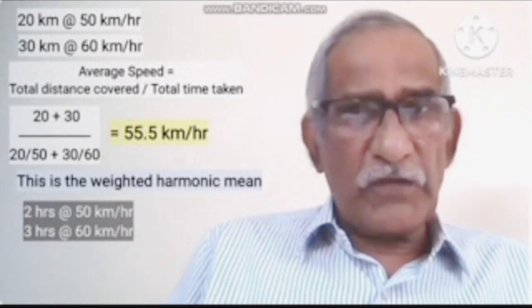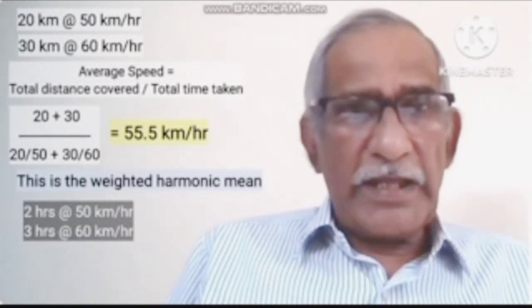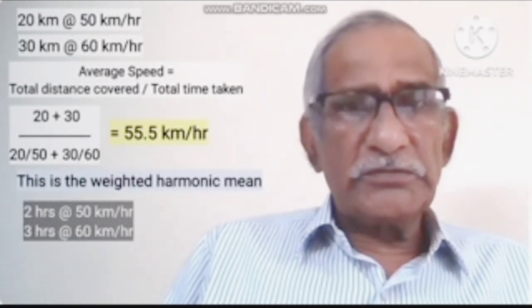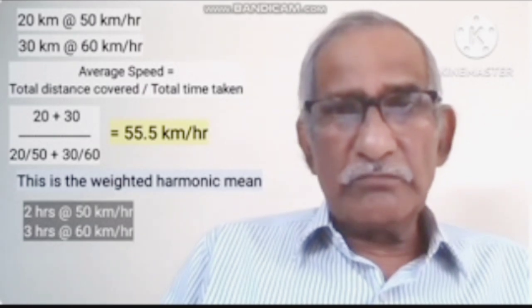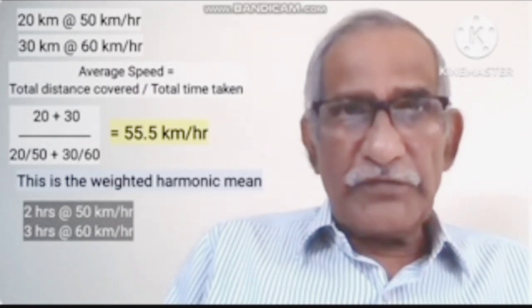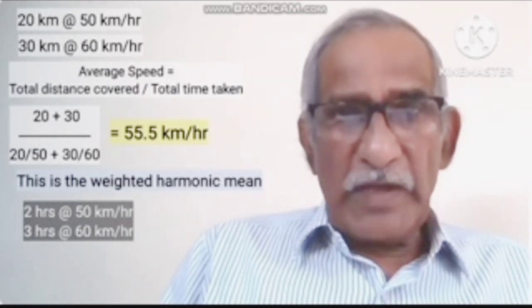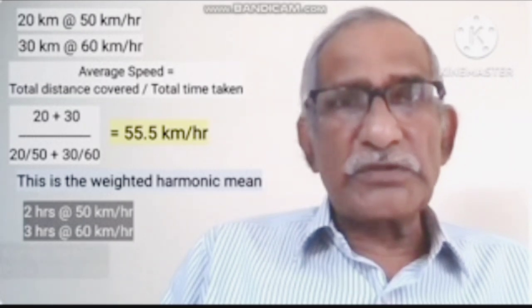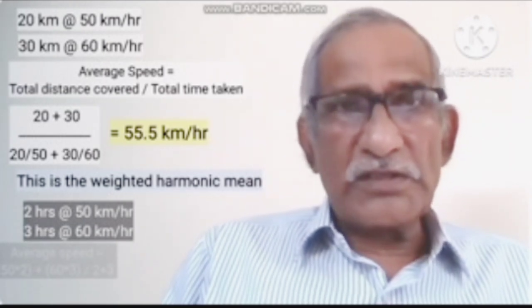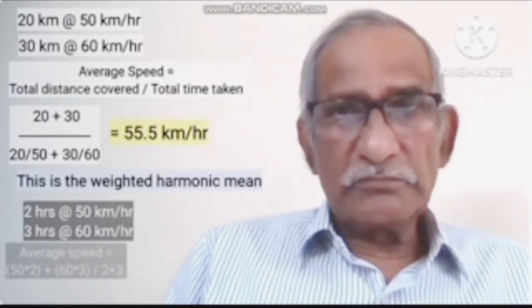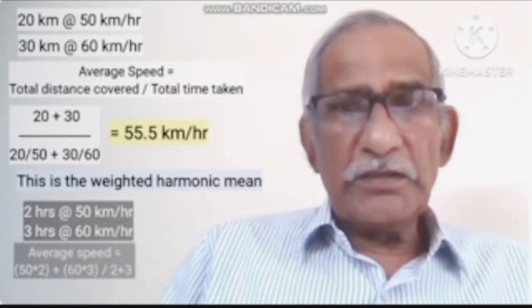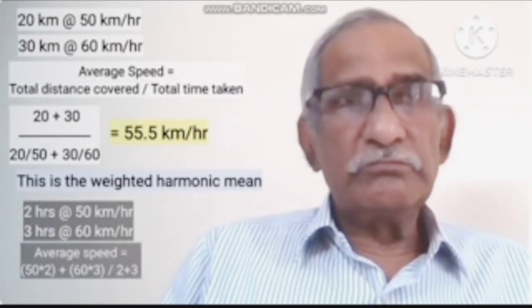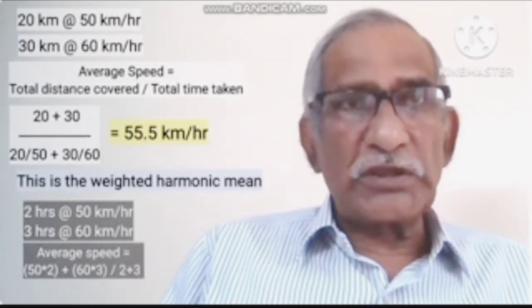So using this formula, the average speed in this case would be 2 into 50 plus 3 into 60, this is the total distance covered, divided by 5, the total time taken.